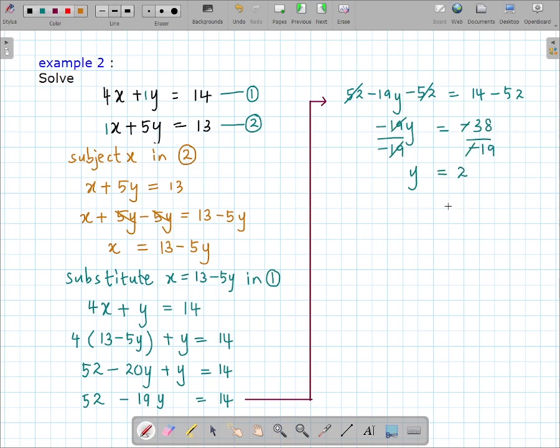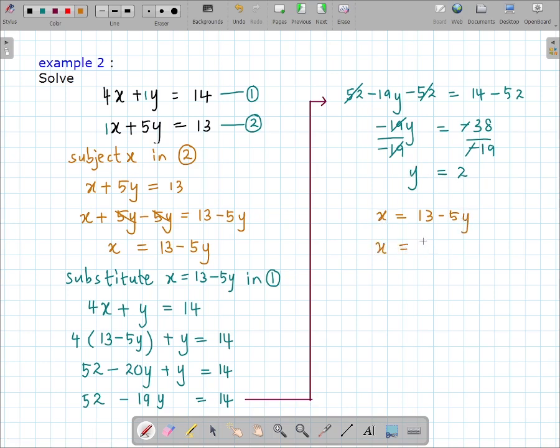Then we have already subjected x. I write that x equals 13 minus 5y, and I substitute y as 2 and find the x value.